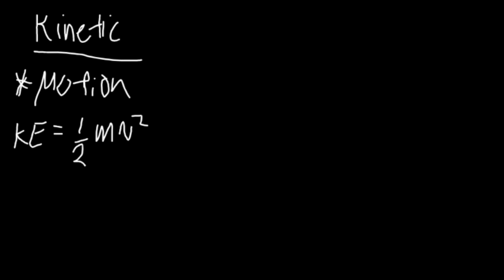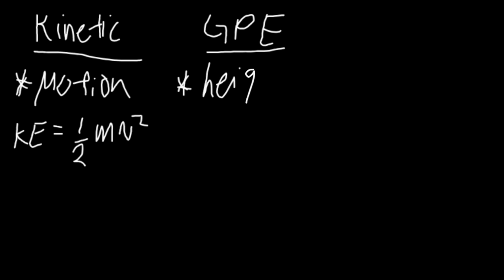The second type of energy you need to be familiar with is gravitational potential energy. I'm going to denote that as GPE. This has to do with an object's ability to fall, or its height. And the interesting thing about gravitational potential energy is that unless otherwise specified, you decide the 0 point.